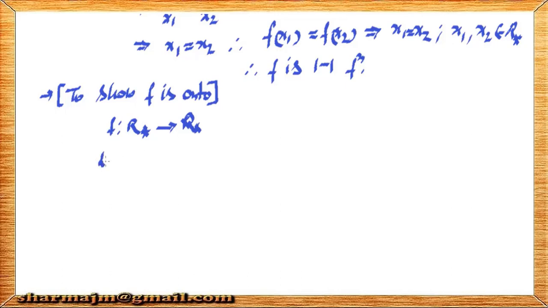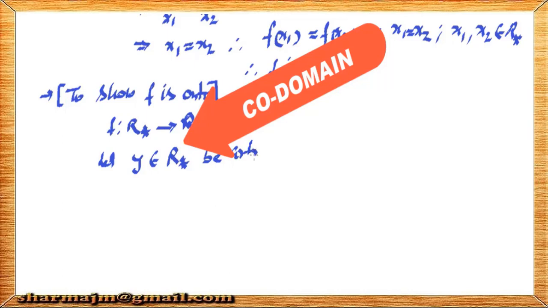Let y belong to R star be arbitrarily chosen, any random element in the codomain. Okay, so y is equal to f of x is equal to 1 by x, which implies x is equal to 1 by y, and this x is in R star.